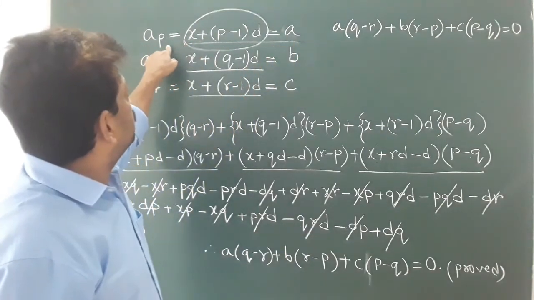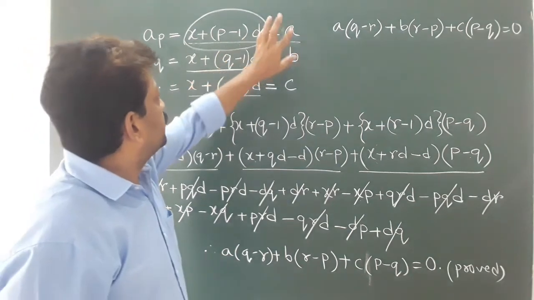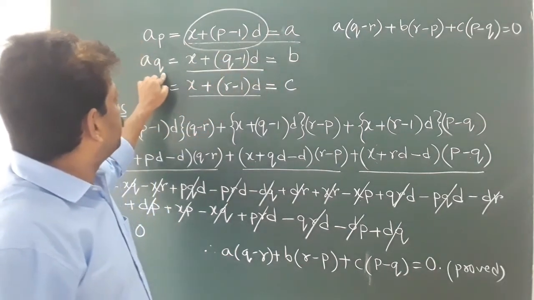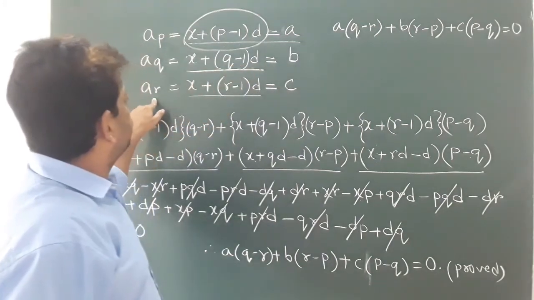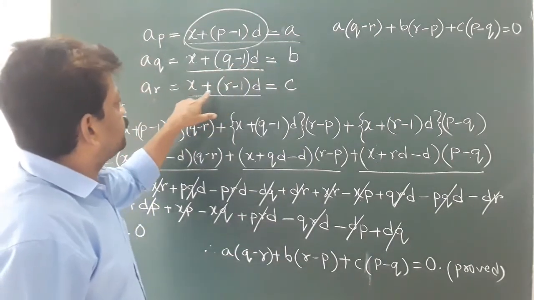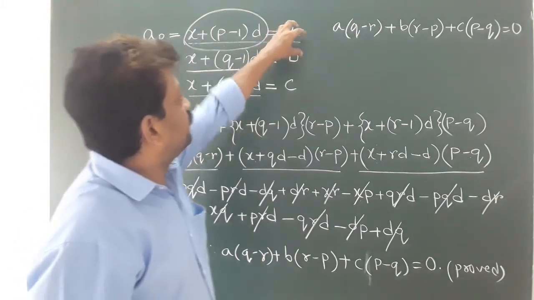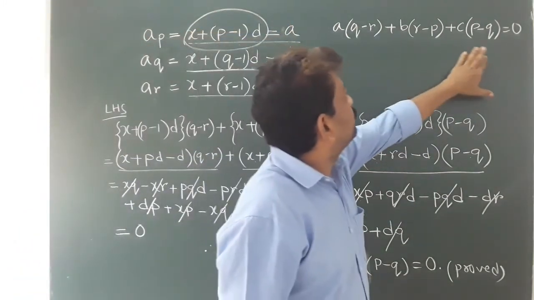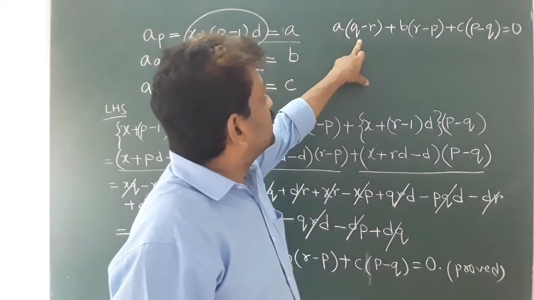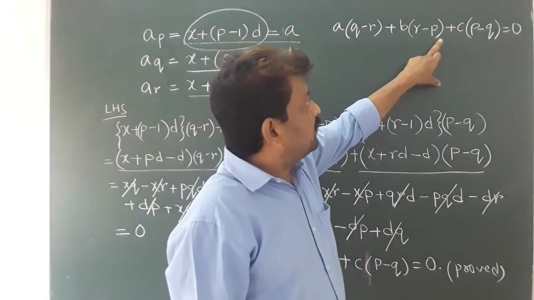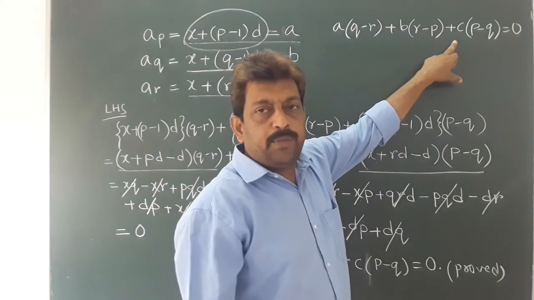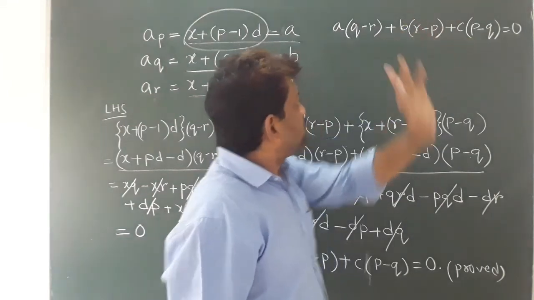So the general form of pth term is x plus p minus 1 d. The general form of qth term is x plus q minus 1 d, and the general form of rth term is x plus r minus 1 d. Their values are given. This is the question we have to prove, that a multiplied with q minus r plus b multiplied with r minus p plus c multiplied with p minus q equals 0.